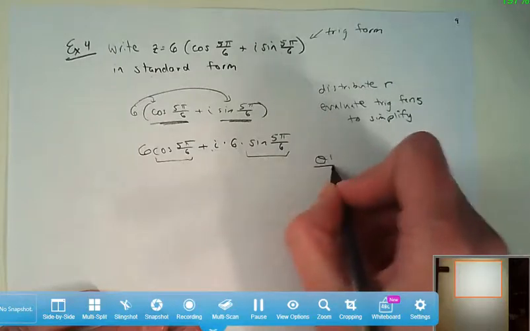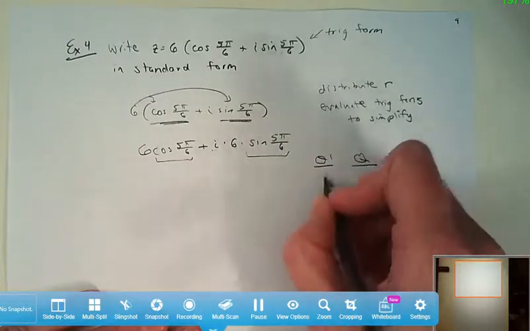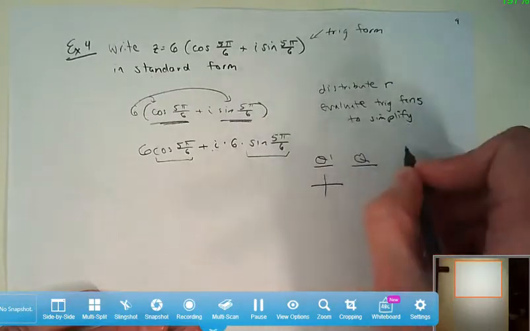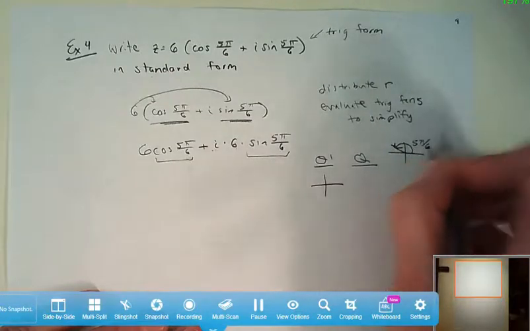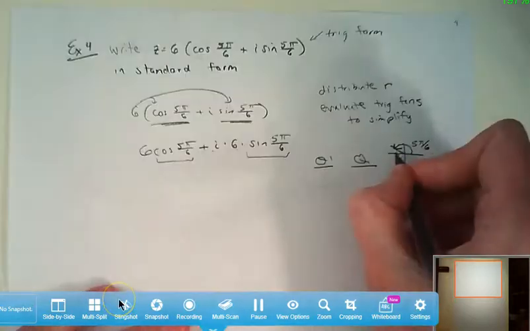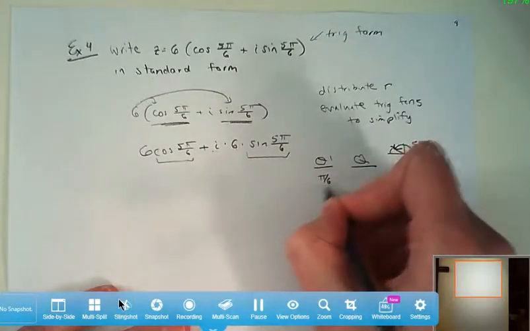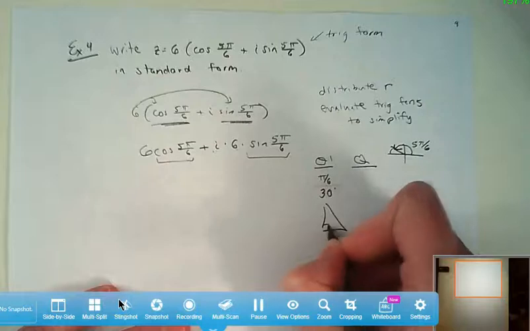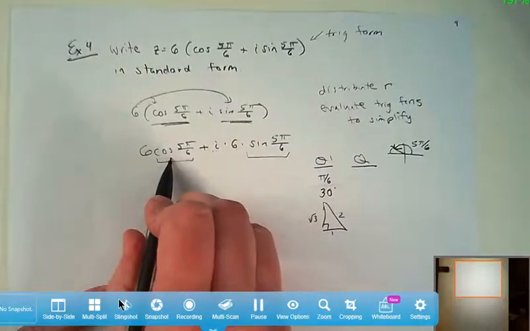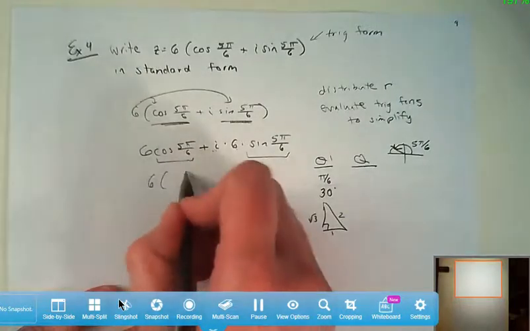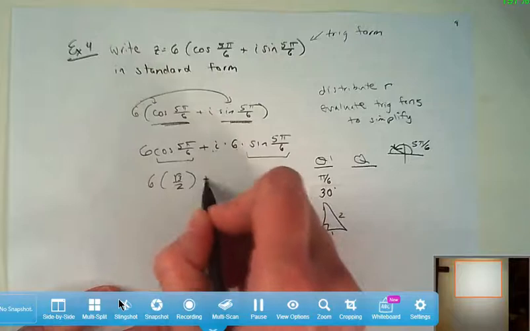If you're using quadrants and reference angles, then you want to sketch the 5 pi over 6. And you can find out your reference angle is pi over 6, which is 30 degrees. So by using your 30, 60, 90 that you've already drawn today, you can find out that the cosine of 30 degrees is going to be radical 3 over 2.